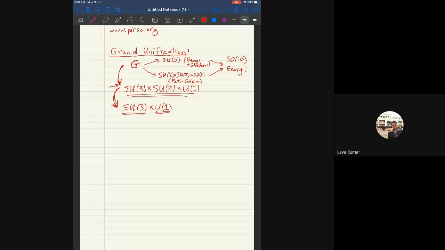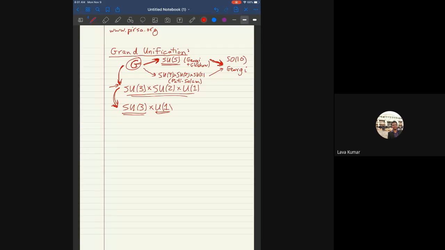And so what I'll be describing today is this top path. I'll be describing how the Standard Model can be embedded in the group SU(5), and how that in turn can be embedded in the group SO(10). And so what we find there is that, by the time we get up to SU(5), we've unified all of the forces of nature.